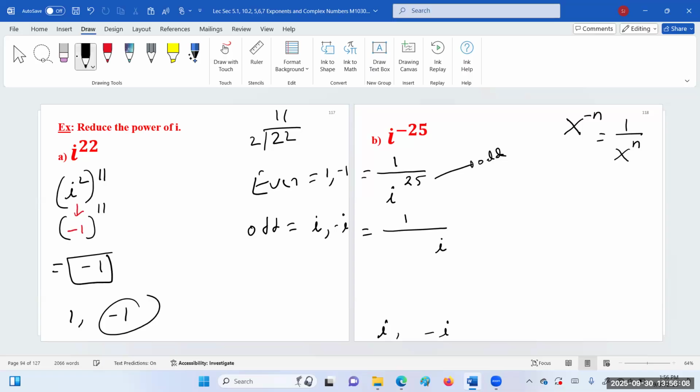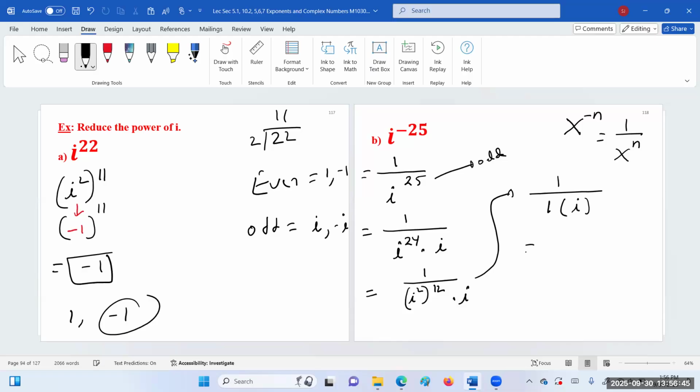So i, and how many more? 24. So we split into 2 pieces, 24 and 1. Now 24, how many i squared do we have in 24? 12 of them times i. So if you have -1 12 times, what do you have? +1. So you have 1 over i.